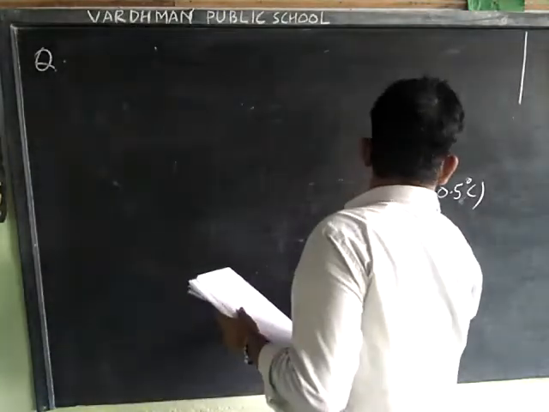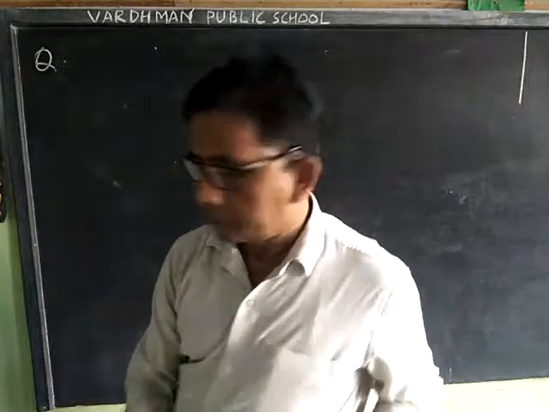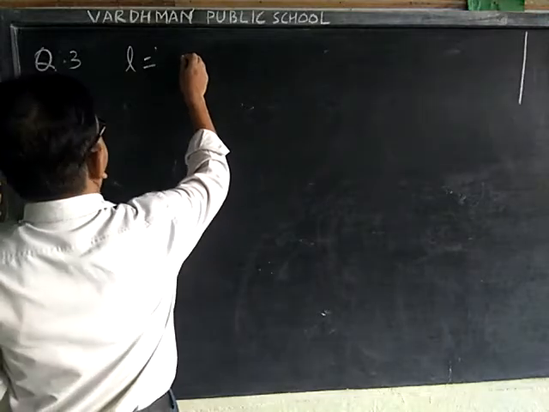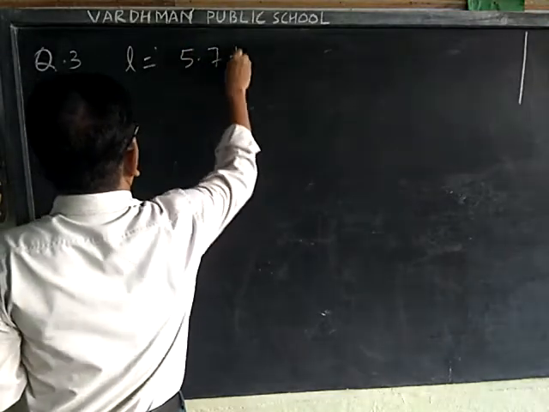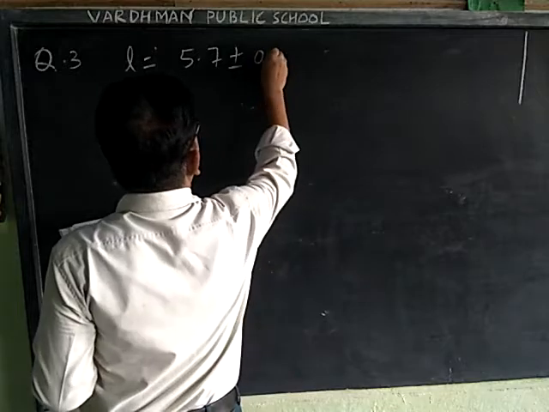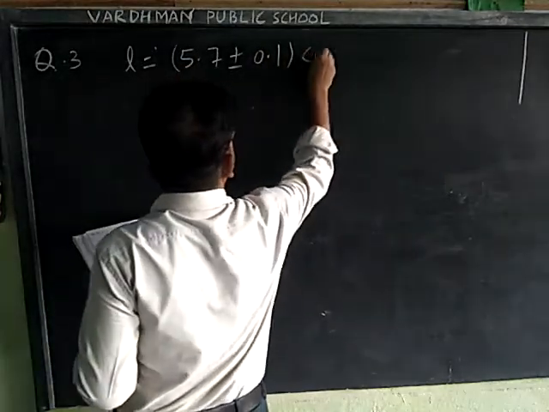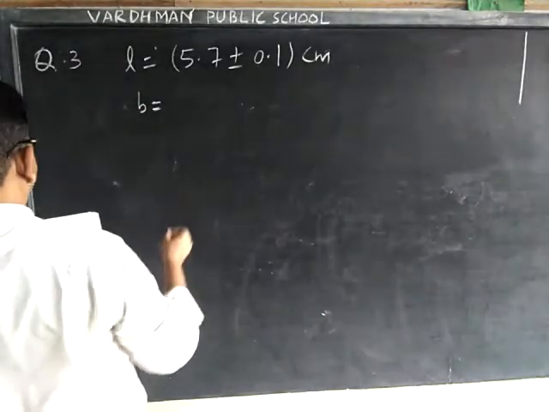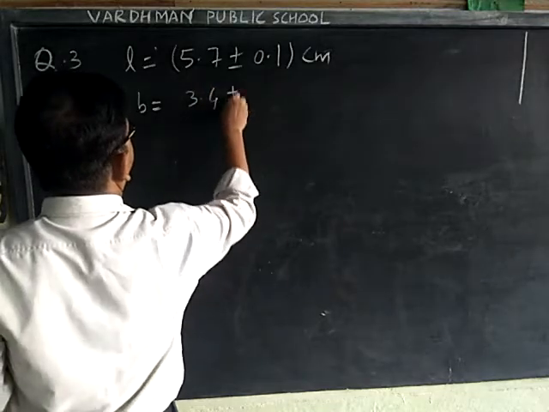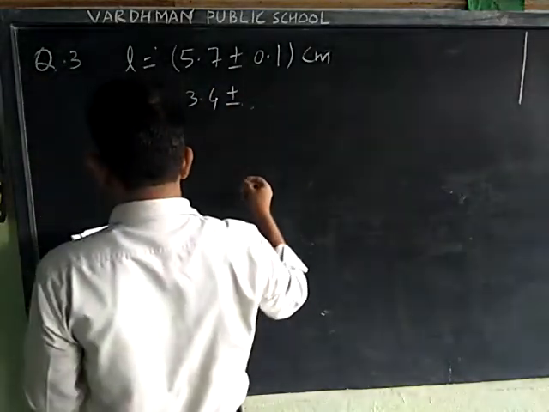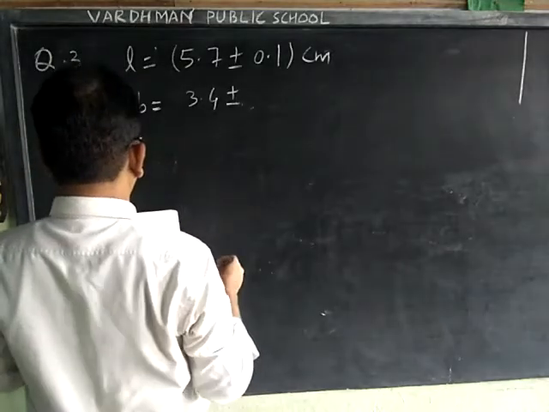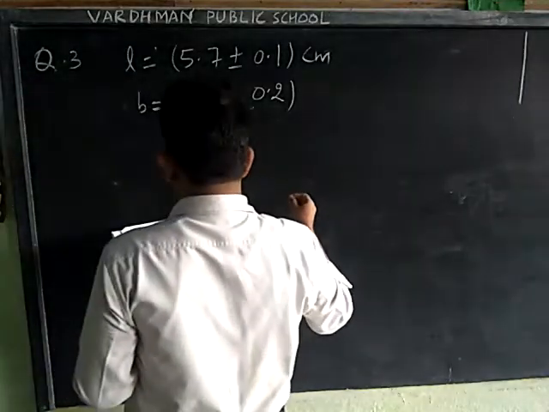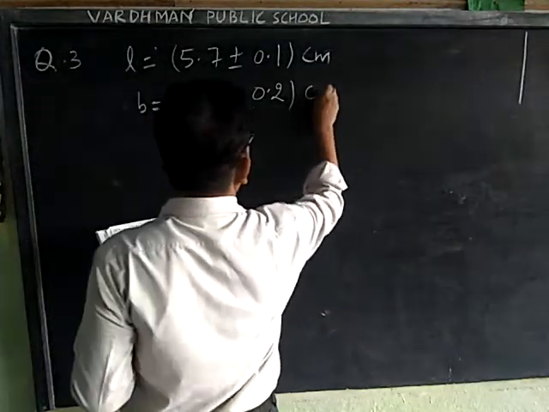Now third question. Length of the rectangle is given: length is equal to 5.7 plus minus 0.1 centimeter and breadth is equal to 3.4 plus minus 0.2 centimeter.